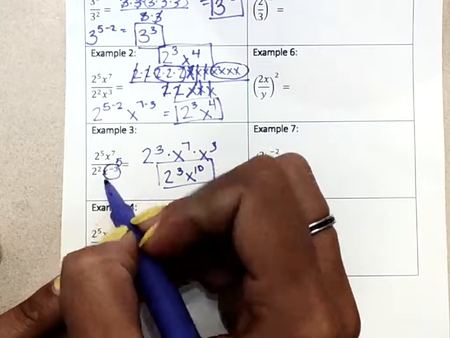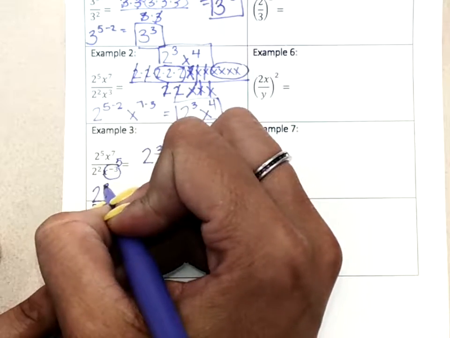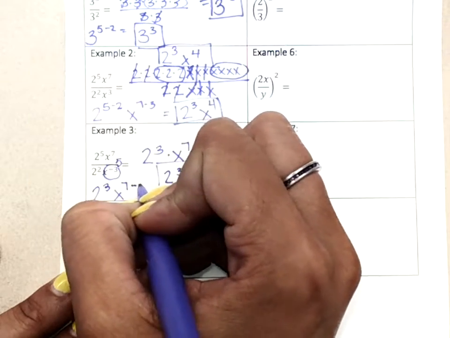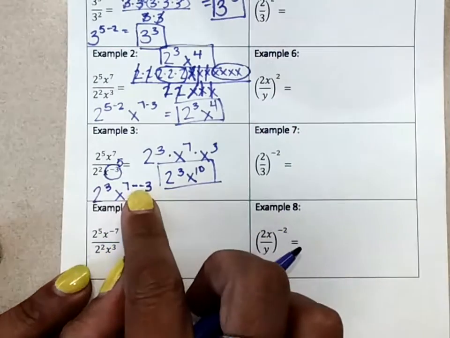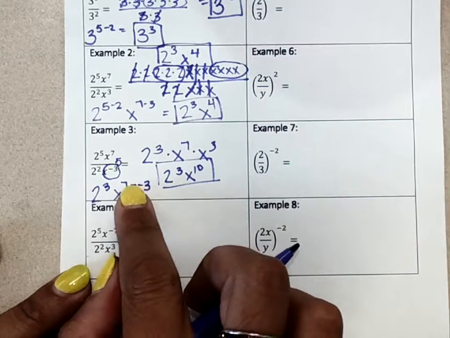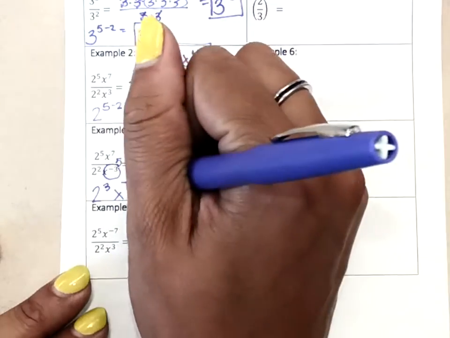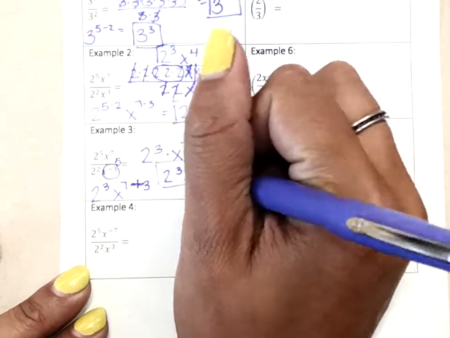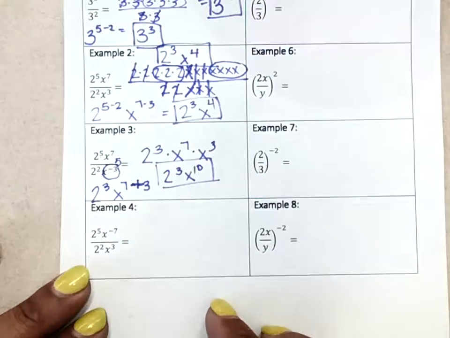If you wanted to use the rule, so we already know we have 2 to the 3rd, we could take 7 and subtract negative 3 from it. 2 negatives make a positive. 7 plus 3 is 10. So again, you'd get the exact same answer.